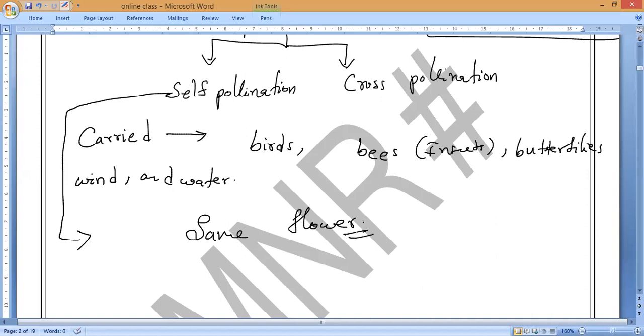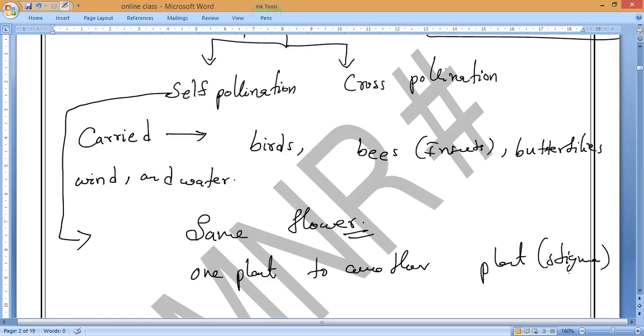Do you understand, everyone? If the pollen grains are transferred from the anther of a flower of one plant to the stigma of another plant, that is called cross-pollination.